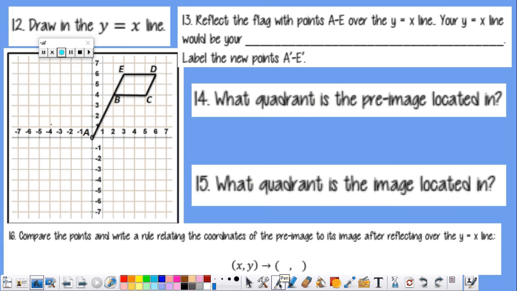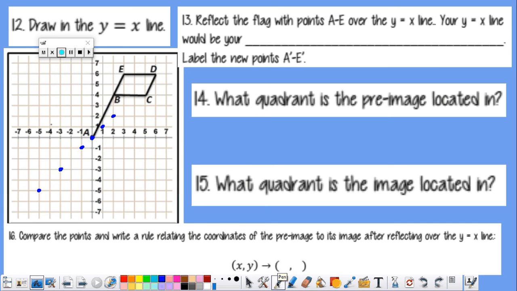Let's draw some of those points: 0, 0; 1, 1; 2, 2. Let's pick some points in the negative: negative 5, negative 5; negative 1, negative 1; negative 3, negative 3. It helps if I draw the right point. All right, now connect those points with your ruler.